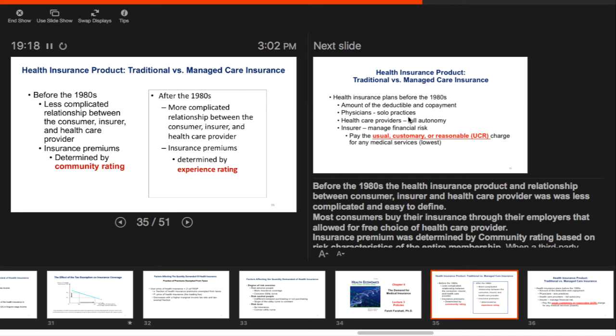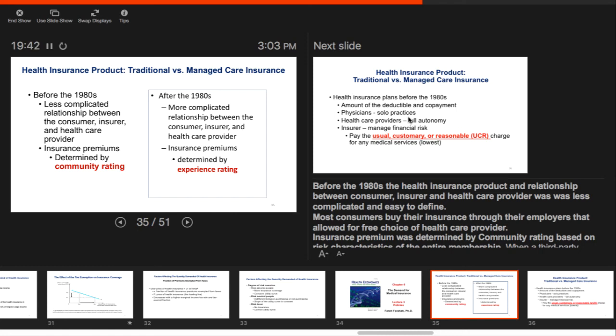And the insurance premium was determined by community rating based on the risk factors of the entire membership. So basically, the premium reflects the average health risk factors of the entire population.